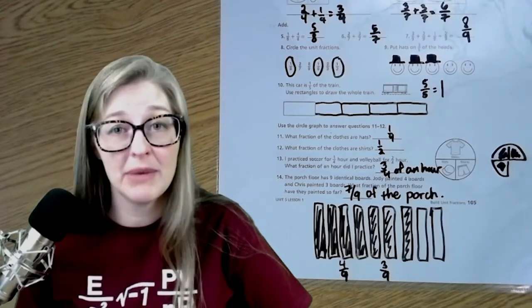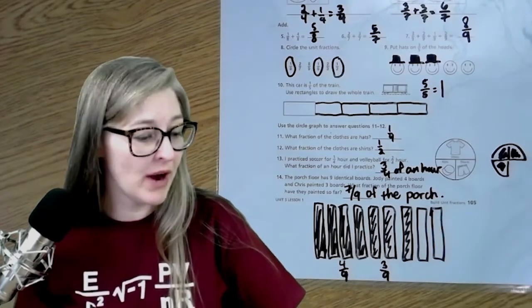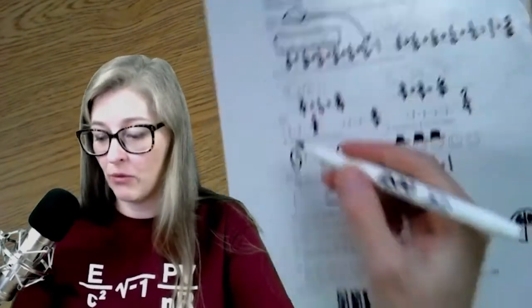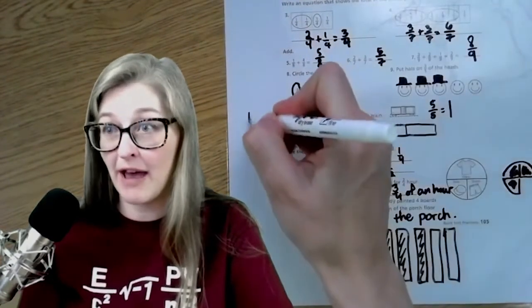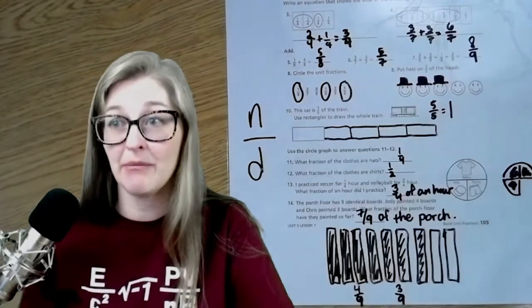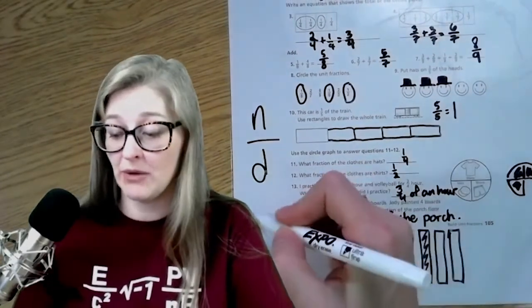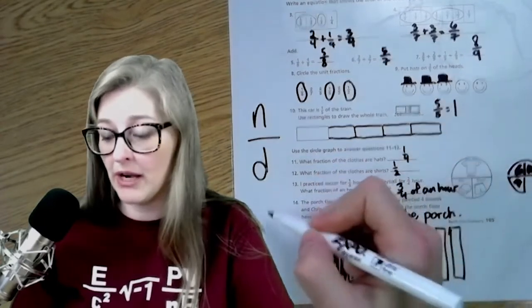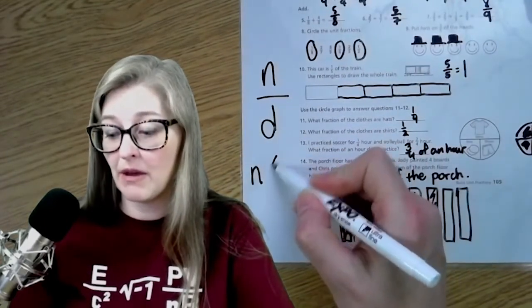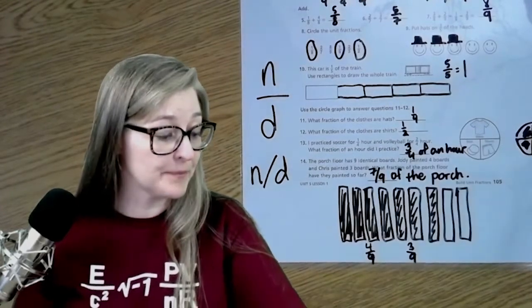So when you're typing these on the internet, usually we write our fractions with it straight up and down, where I have my numerator, my division line, and then my denominator. When you're typing these, the easiest way to do it is your numerator, then the backslash line, and your denominator.